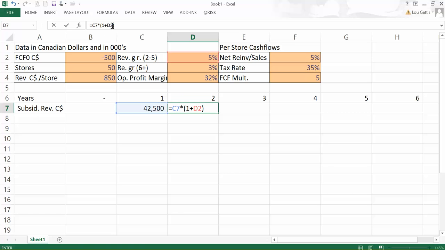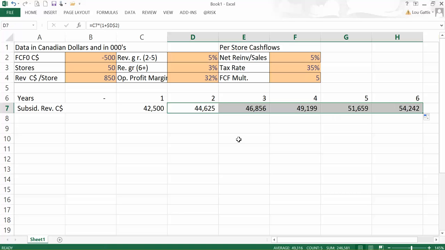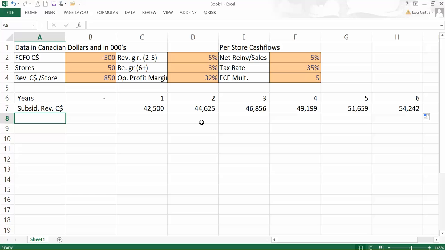I'll anchor the 5%. Copy across. Then I'll calculate operating profits, which is going to be the revenue times the operating profit margin. I'll anchor profit margin percent.